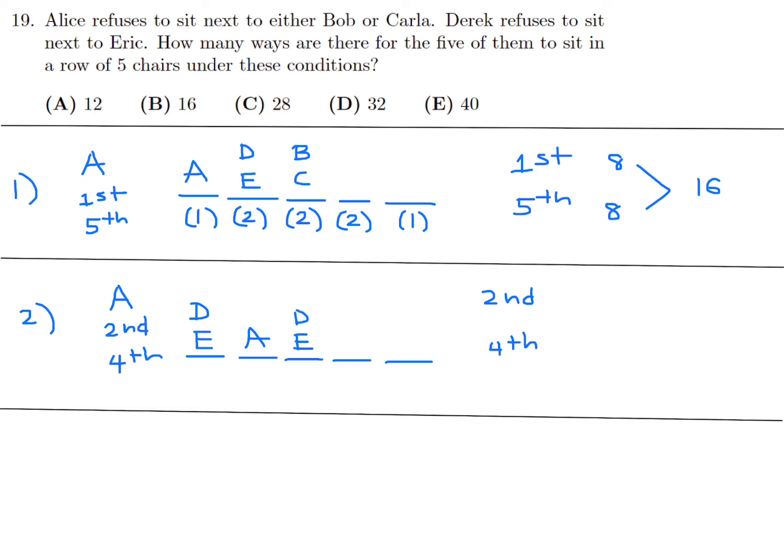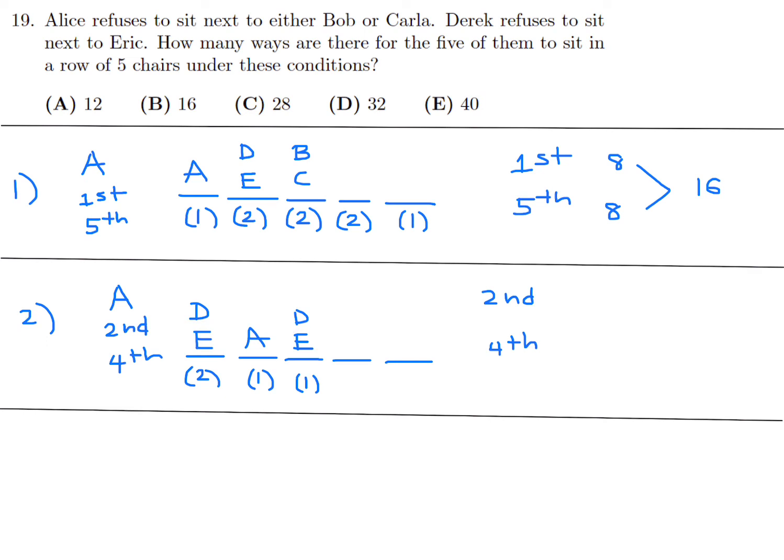She can't be sitting next to B or C. So this is fixed as one spot because it's Alice. We can put 2 here, and we could put 2 here, correct? Actually, no. Whoa, that's going to be 1, sorry. Because once you put D here, there's only one guy left. If you put D here, then E has to go there.